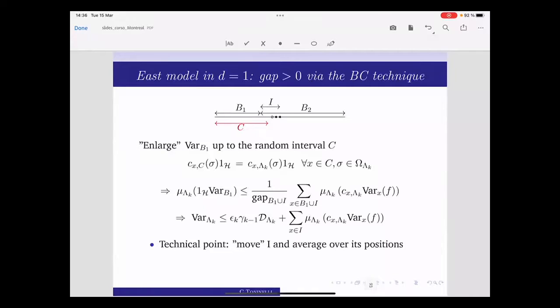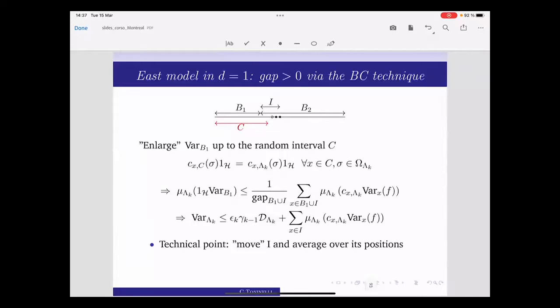One can enlarge this variance to the bigger random block C, which is going up to the first empty site. And now on that volume, I really have the good empty boundary condition to the right, the same that I had to the right of block B2, thanks to the external boundary condition.